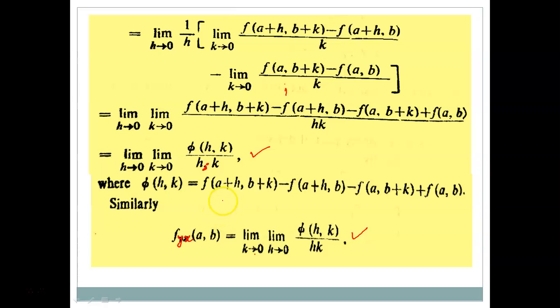So there is no reason that we can say that these repeated limits, h tending to 0 then k tending to 0, or k tending to 0 then h tending to 0, will always be equal. There is no such fixed rule, so they can be different. So that is why we say that the mixed partials fxy at some point (a, b) may or may not be equal to fyx(a, b).